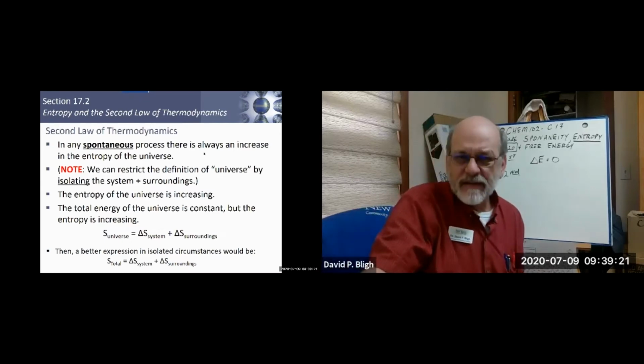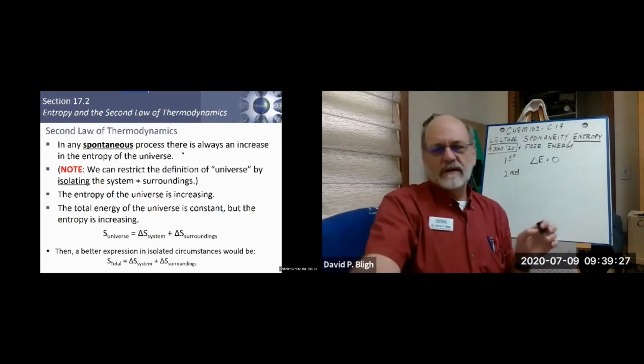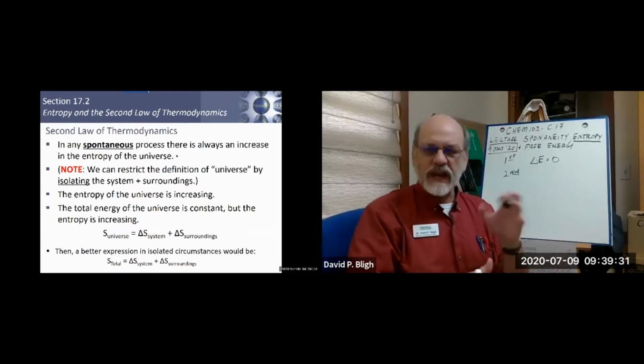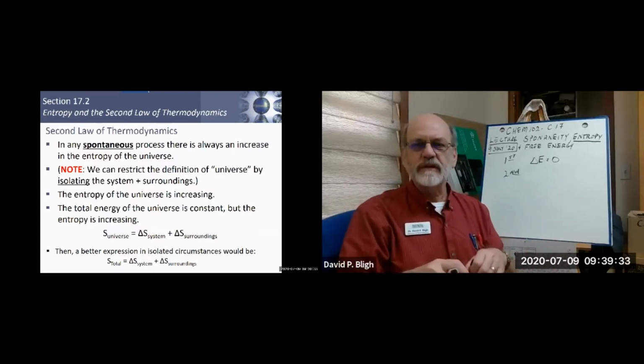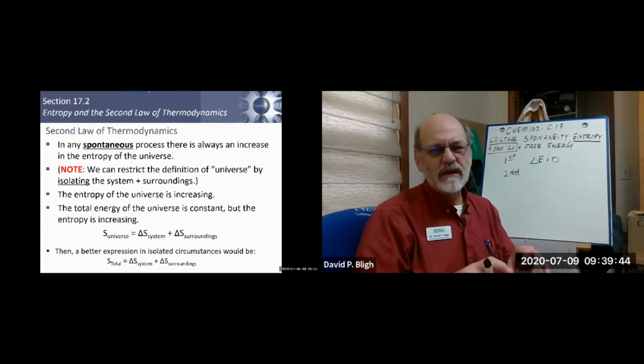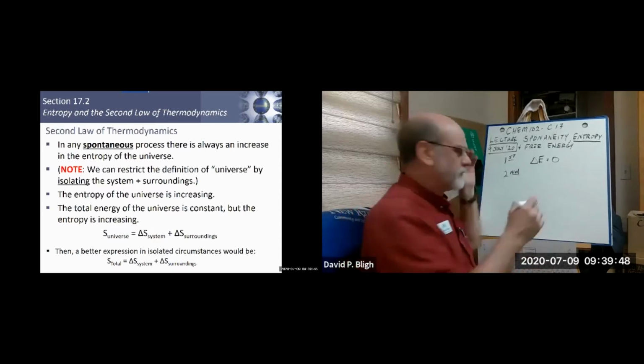Now, when we say increase in entropy of the universe, the way the authors use universe, they sort of interchange universe with total. So let me explain what I mean by that.